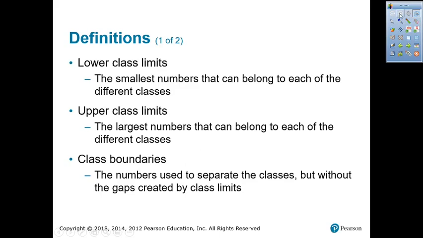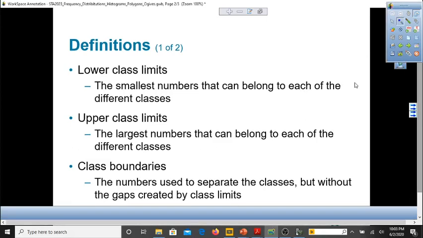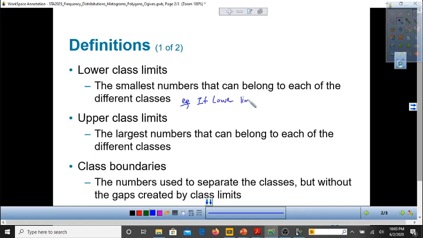Pardon me, let me just do a little setup here. So for the lower limit, if we have, for example, if the lower limit of a class is 50, then the lowest number allowed in the class is 50.